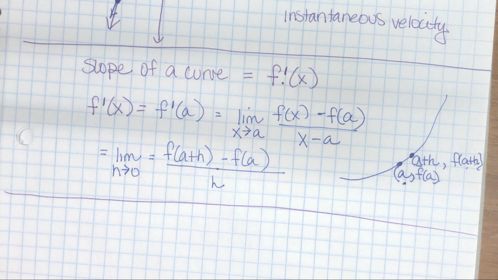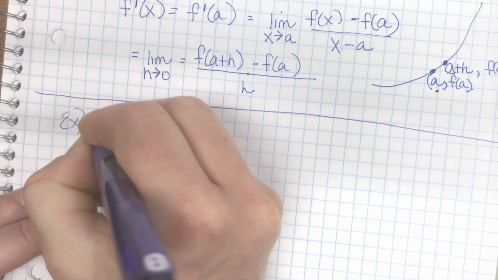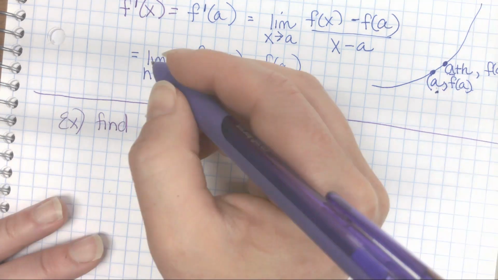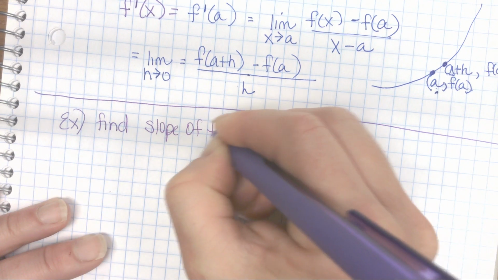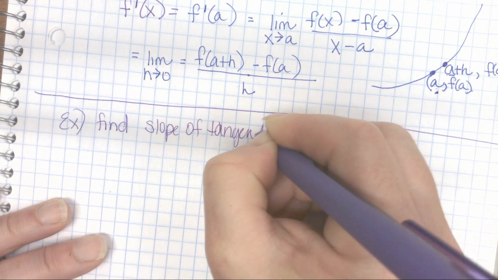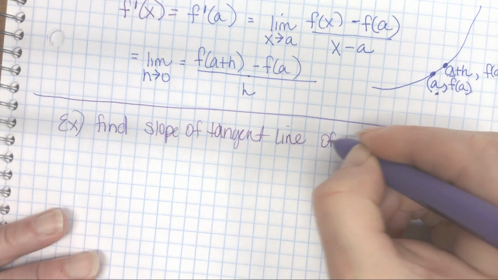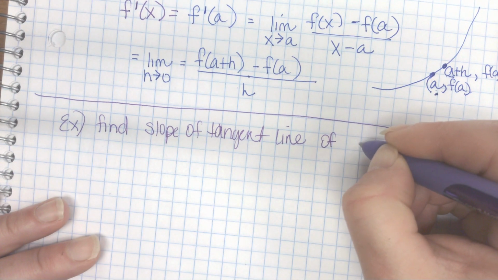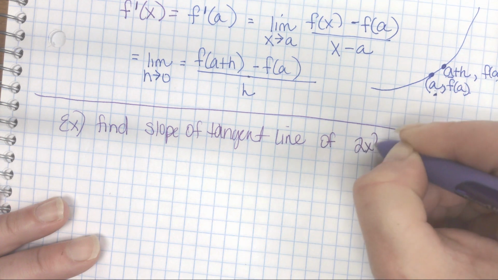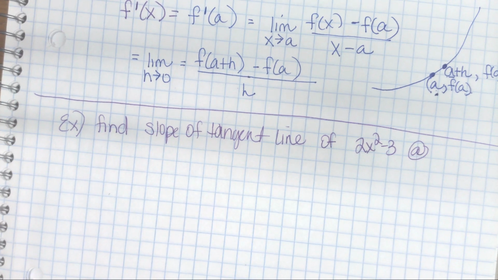So we're going to use that slope formula to find the slope of the tangent line of 2x squared minus 3 at the point (2, 5).